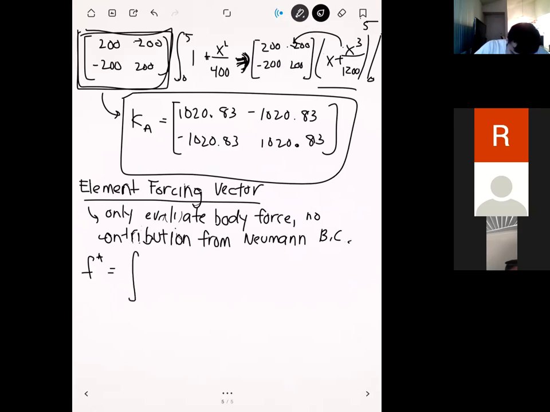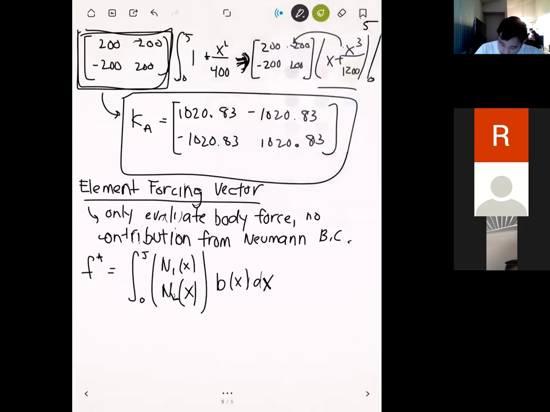So we're going to integrate from 0 to 5 of N1(x) and N2(x), and then multiplied by b(x) dx. And so in this problem, our b(x) is just going to be simply 2.